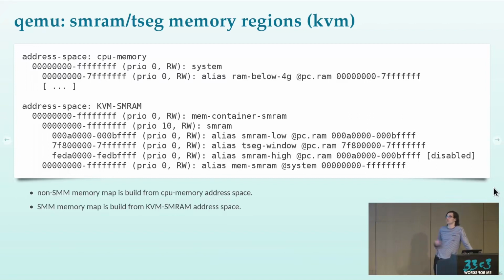And for the system management mode address memory map, we have the KVM SMRAM address space, which is basically an SMRAM container very similar to the one in TCG mode with a higher priority, and also with lower priority an alias to just the normal system memory.